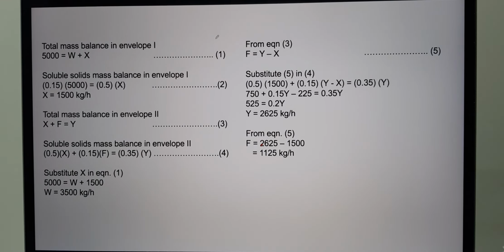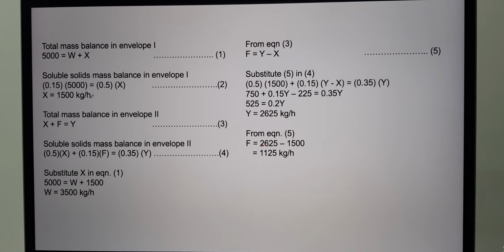So that's why for the soluble solid mass balance, we have 0.15 times 5,000. This is 15% soluble solid in the inlet equals 0.5, the 50% soluble solids coming out from the channel of X. Then you will be able to get the value for X. X is 1,500 kilogram per hour.